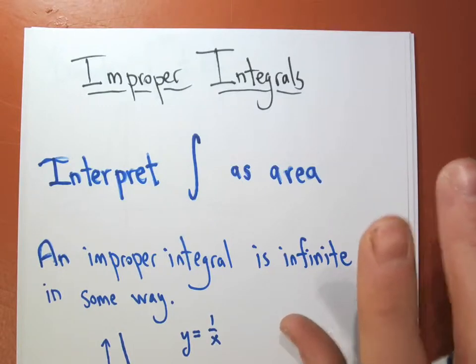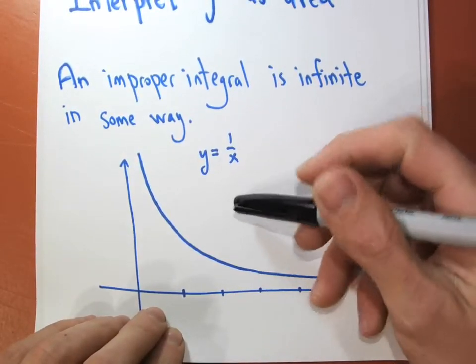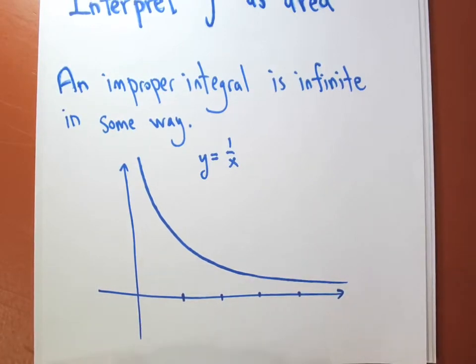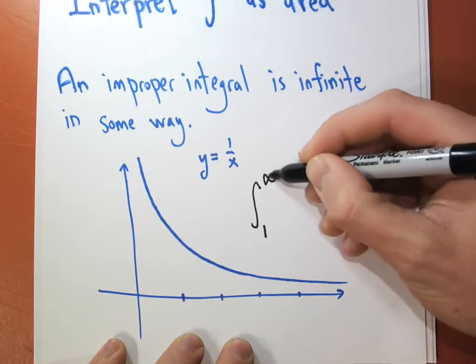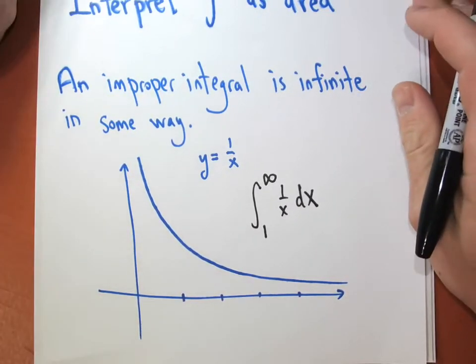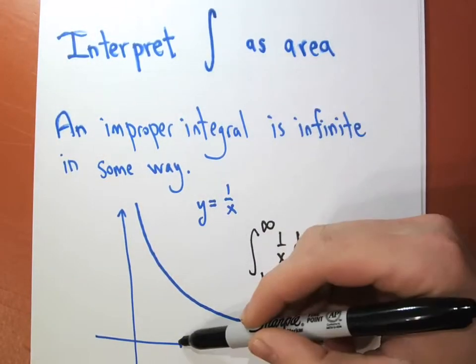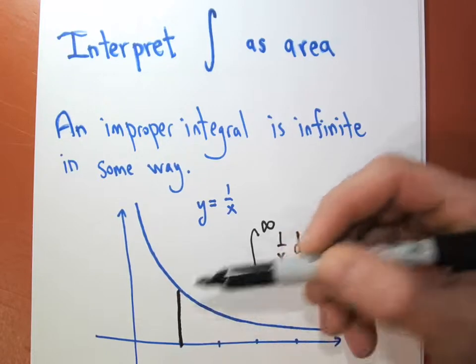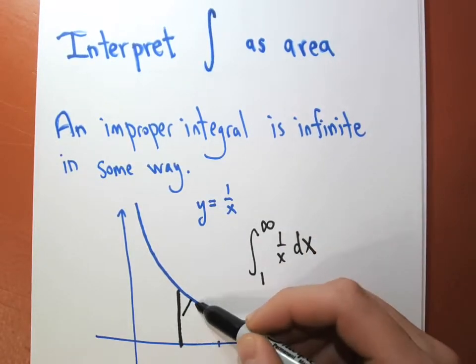So let me show you an example to show you what I mean. Here's the function y equals 1 over x. What if I asked you to integrate this function from 1 to infinity? Well, if you interpret the integral as an area, we should start at 1, and we should go out to infinity, and we should look at the area under the curve.